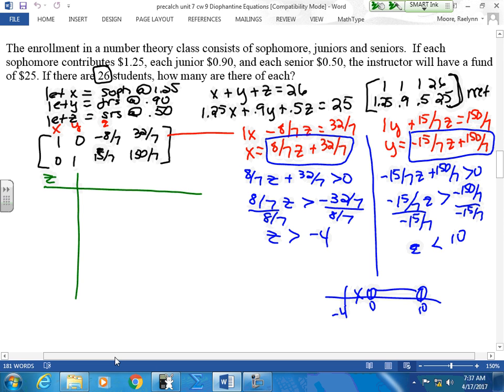Z, x equals and y equals. Okay. What value should I put down here for z? 1 through 9. Good.